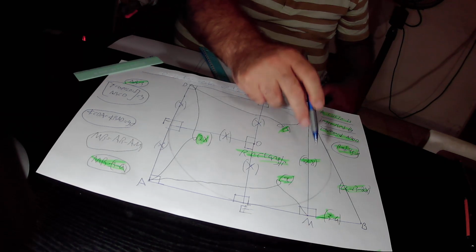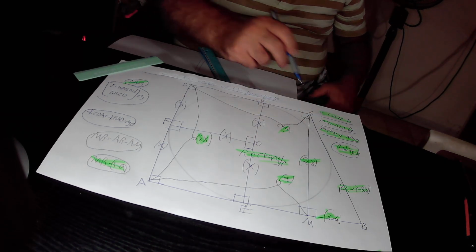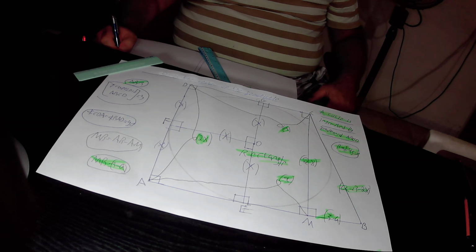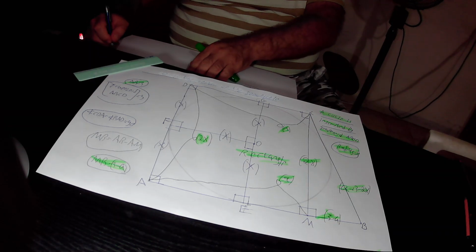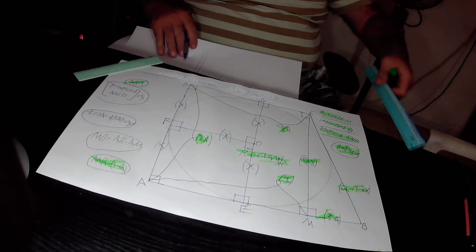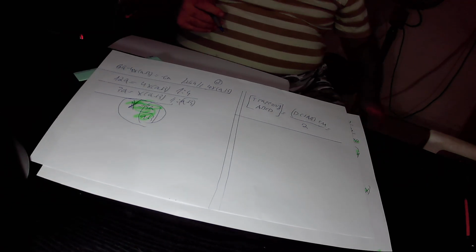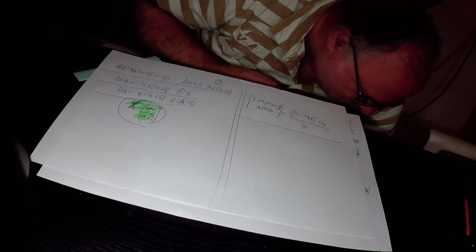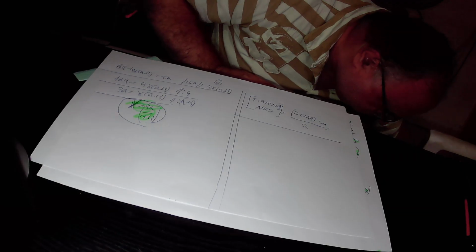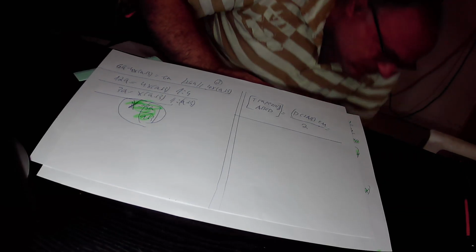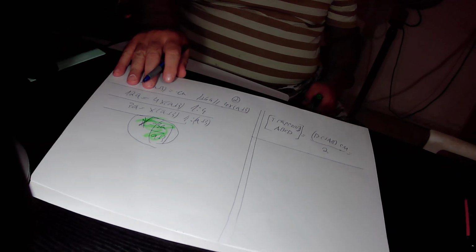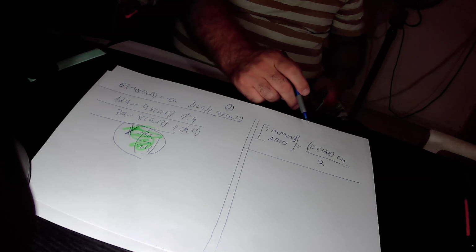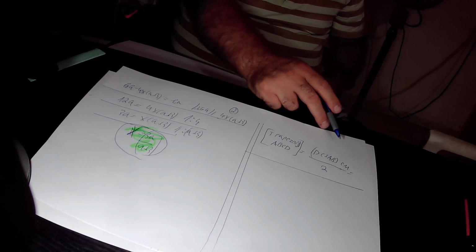The height is CM because it makes 90 degrees with the two parallel bases. So CM is the height, over 2. So in total the area of trapezoid ABCD is equal to the sum of its two parallel bases, DC plus AB, times the height CM over 2.